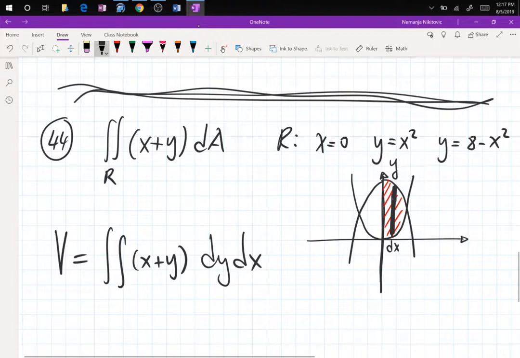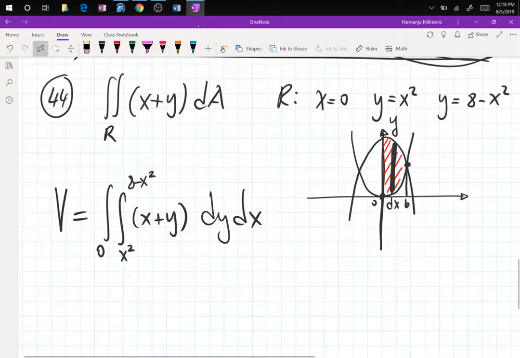So dx is always going to ride x squared on the bottom and 8 minus x squared on the top. And it's going to go from 0 on the left to whatever this b value is. And that we have to find when we equal the two functions.